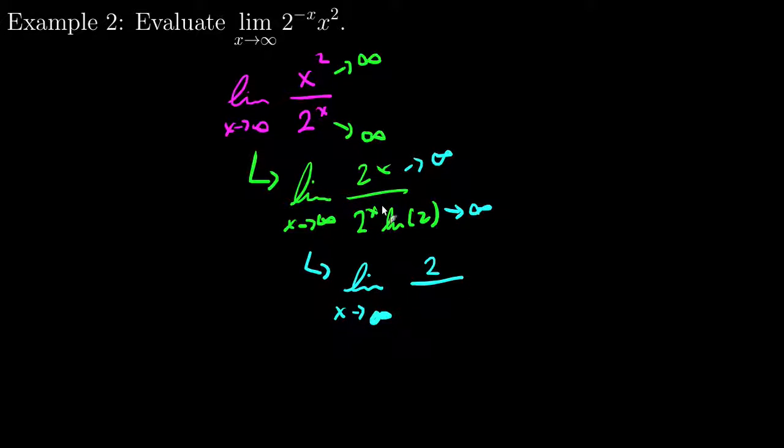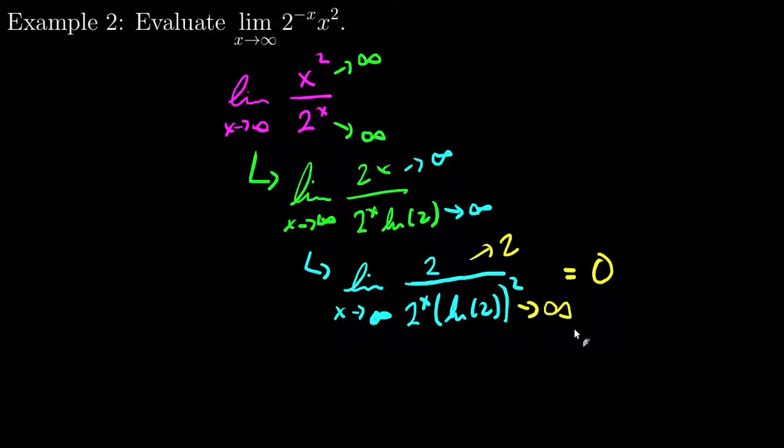The derivative of 2 to the x natural log of 2 is 2 to the x times the natural log of 2 squared. So this is just a constant. Every time I take a derivative of 2 to the x, I get another natural log of 2 multiplied in. Now I can see the numerator is just approaching 2. It's a constant. The denominator is still approaching infinity. And this gets me the case where 2 divided by infinity, 2 divided by an exceedingly large number, is going to be 0.